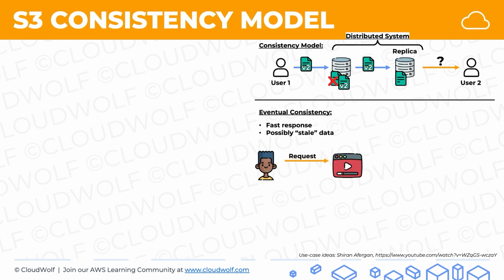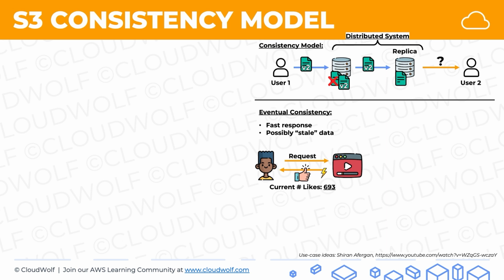So for example, imagine you're requesting a video from a YouTube server. And as part of the request, what you will get is the number of likes in that video. Well, you don't really care about the exact number of likes. Is it 693 likes or is it 695 likes?